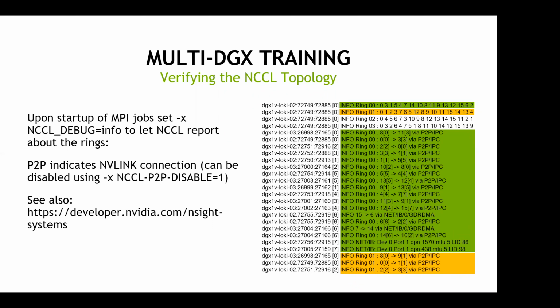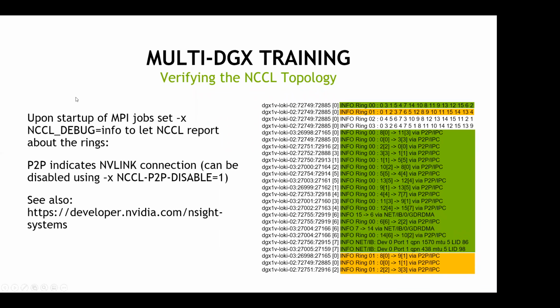We need to create authentication credentials so that mpirun can log into the other system. But what happens behind the scenes is that the communication between each GPU has to be solved. And again, NCCL is coming into the game, and you can observe how it is running.